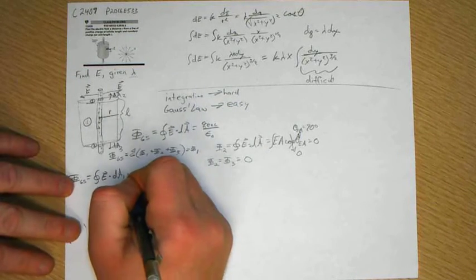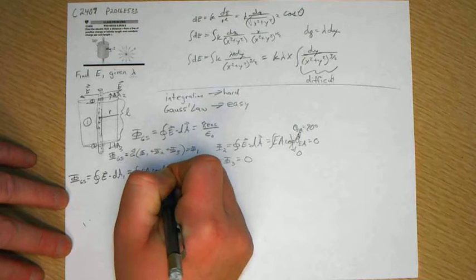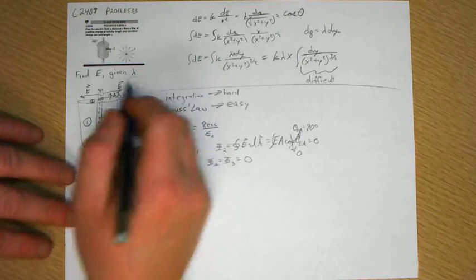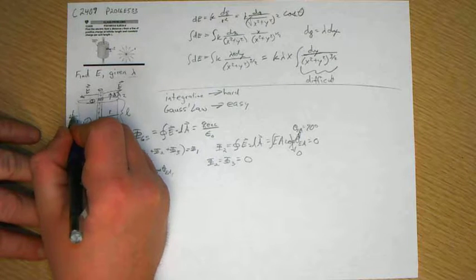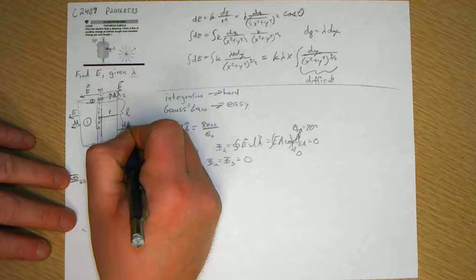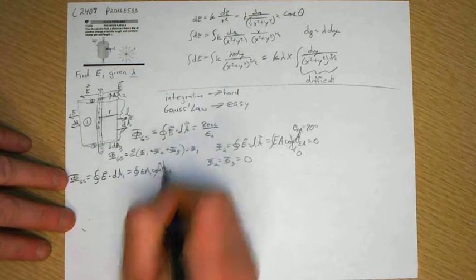Well, again, that simplifies to EA cosine theta EA1. This angle here, dA1, is in the same direction as E. And over here, dA1 is in the same direction as E. So this is always 0 degrees, so the cosine is always 1.